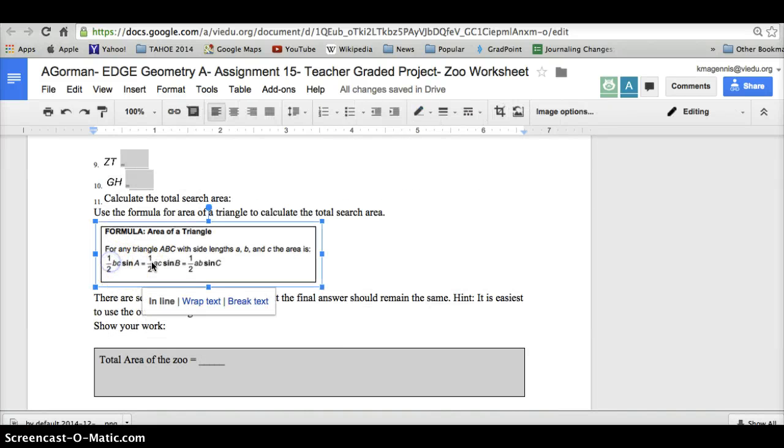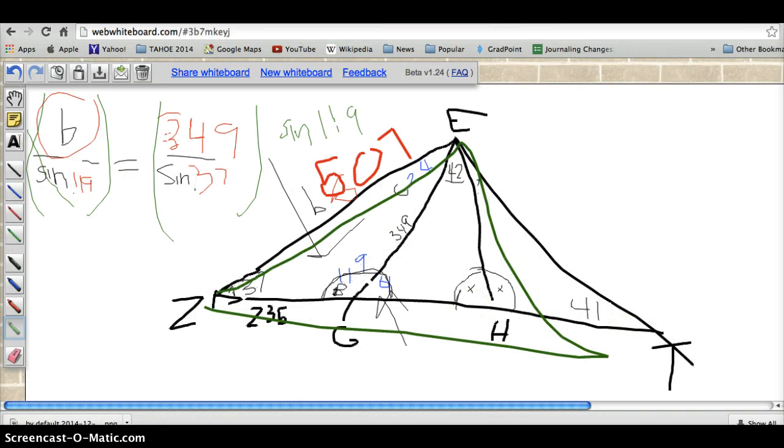You're going to plug it in and use one of these. So 1/2 BC sine of A.